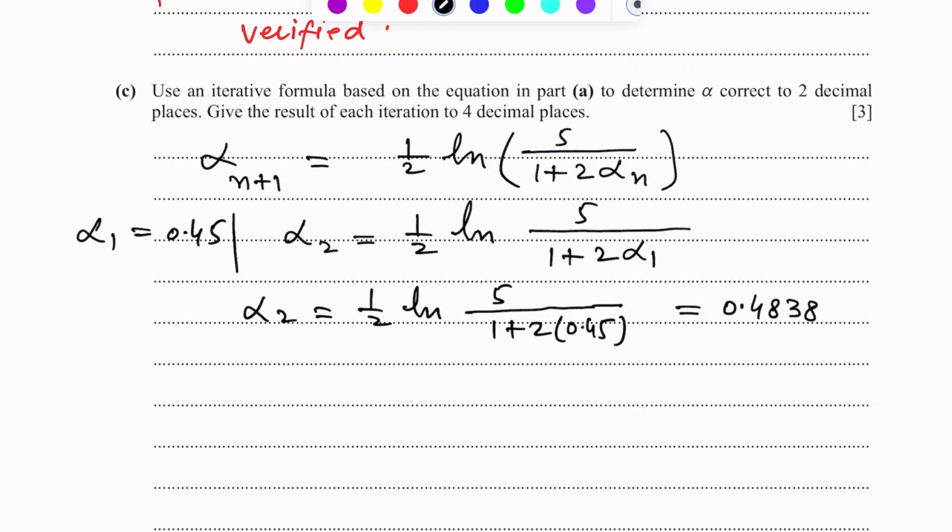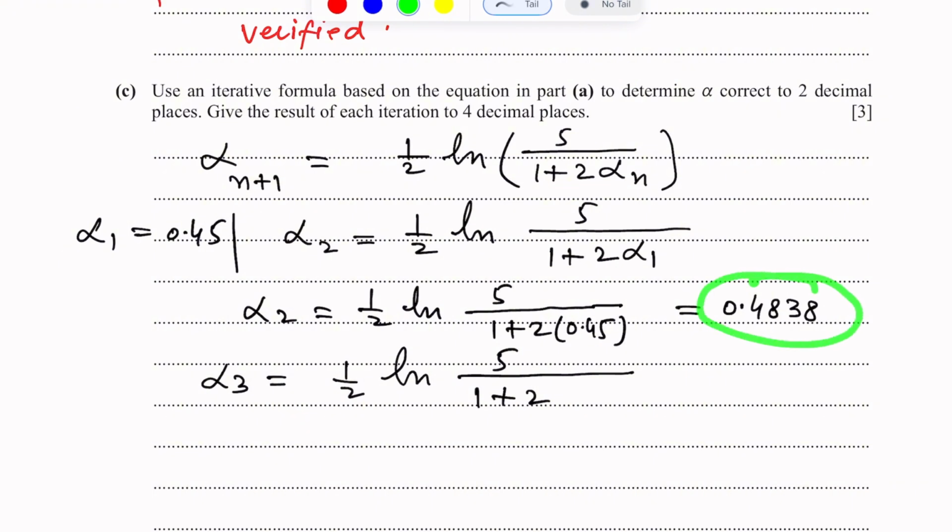Now we will find alpha 3: 1 over 2 log 5 over 1 plus 2 into alpha 2. Alpha 2 is 0.4838.